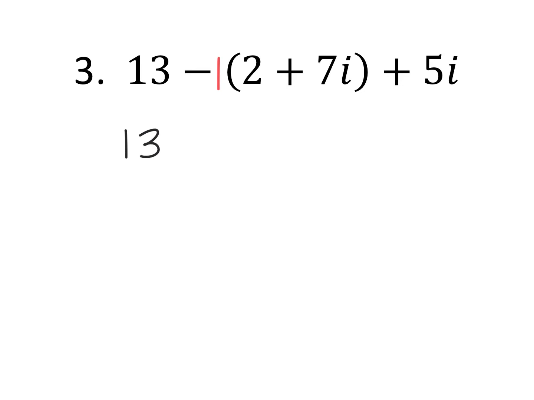And I know I'm subtracting everything in the parentheses, so we just change the signs basically, right? So distributing that, it's negative 2. And then subtract the 7i, so minus 7i. Bring down the 5i. Go ahead and combine your like terms, check with your table, make sure you all have the same thing.